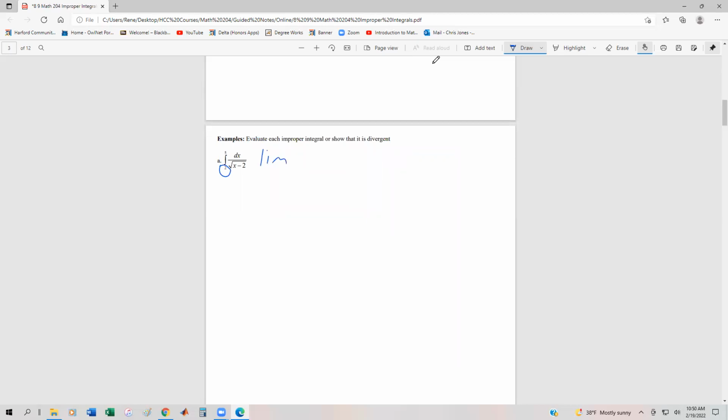So I'm going to take the limit as c approaches 2 of the integral from c to 5, not 2 but c to 5, of dx over the square root of x minus 2. To evaluate this, it's a u substitution. I'm going to let u equal x minus 2, so du is dx, and that's exactly what we want.